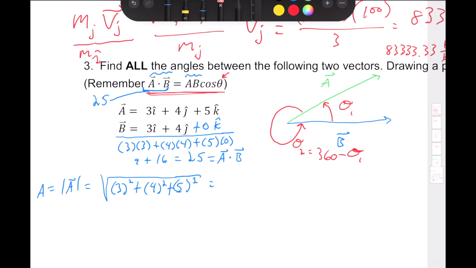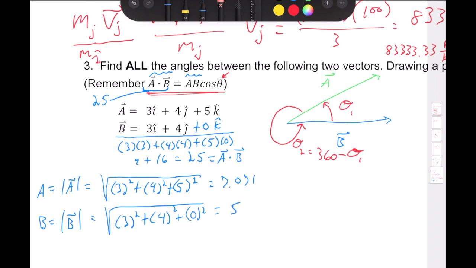Okay, so let's see, 9 plus 16 plus 25, square root of that, 7.071. Okay, same thing for B. Three squared plus 4 squared plus 0 squared.